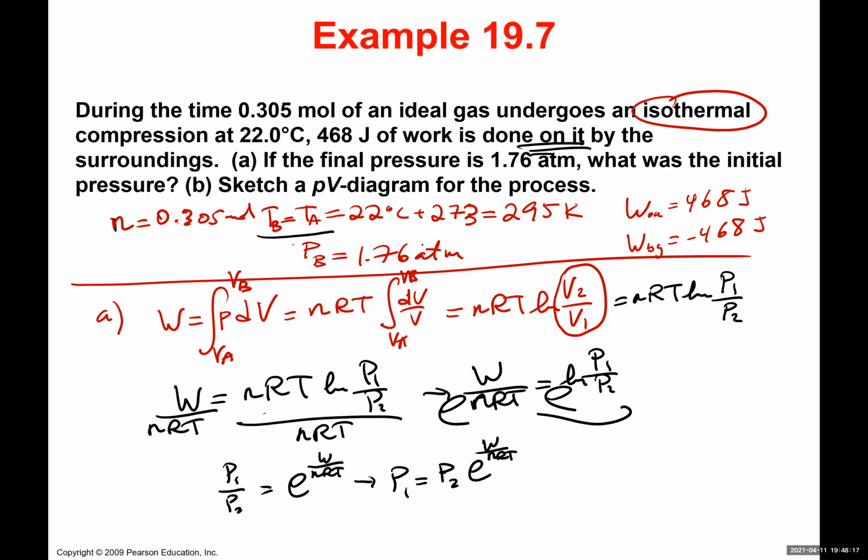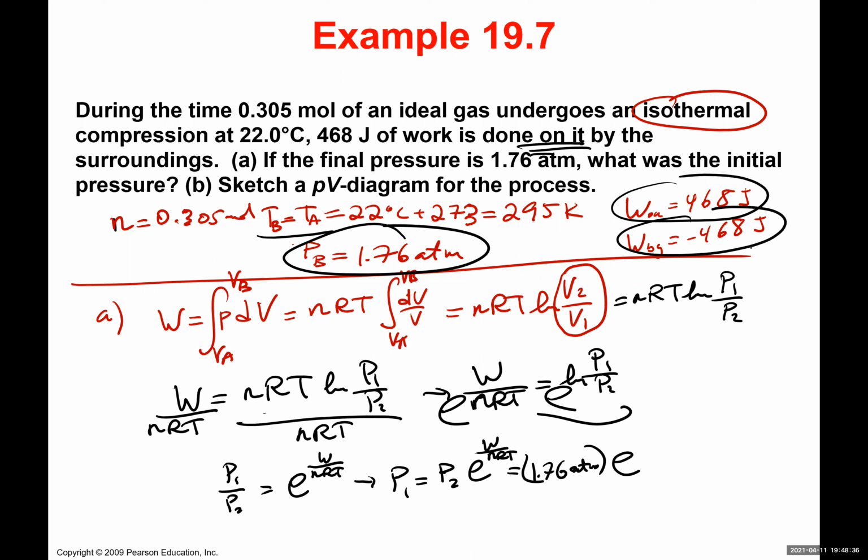Remember, I have P2, which is 1.76 atm right here. And then e to the, then I have work done. Well, work done is basically, remember, if I'm talking about on the gas, 468. If I'm talking about by the gas, then it is negative 468. So let's use that.